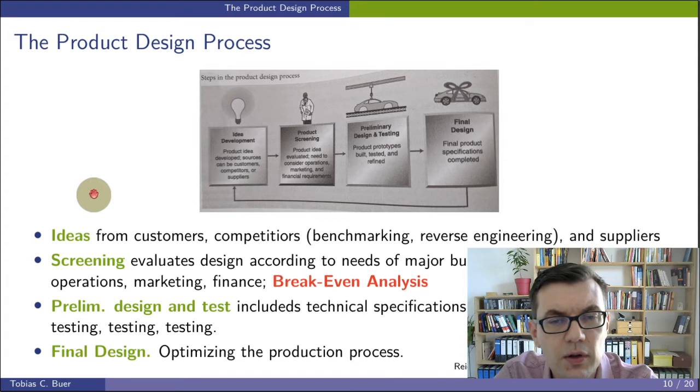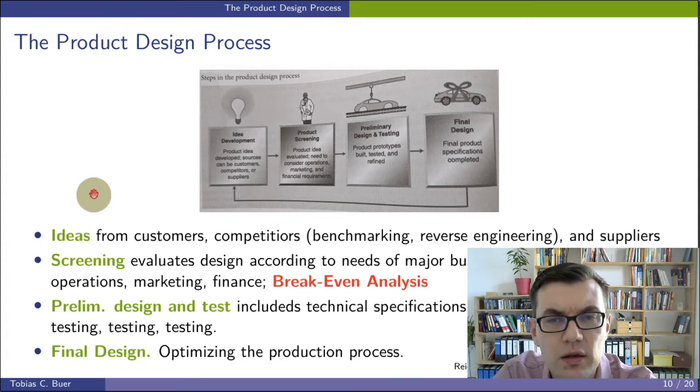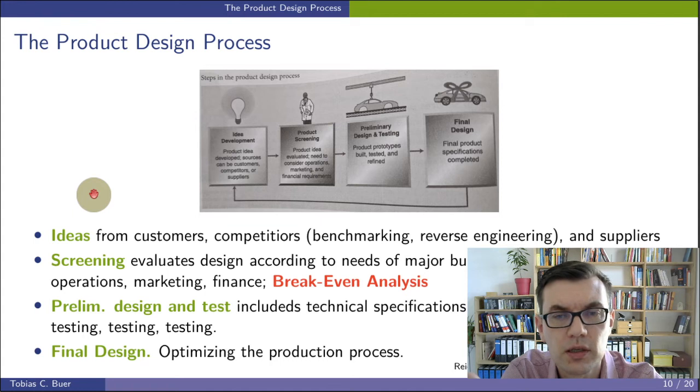And finally, we also want to know what is the impact on the finances of our company. Do we need more capital to produce this product? Maybe we need to offer some financial incentives to sell the product.